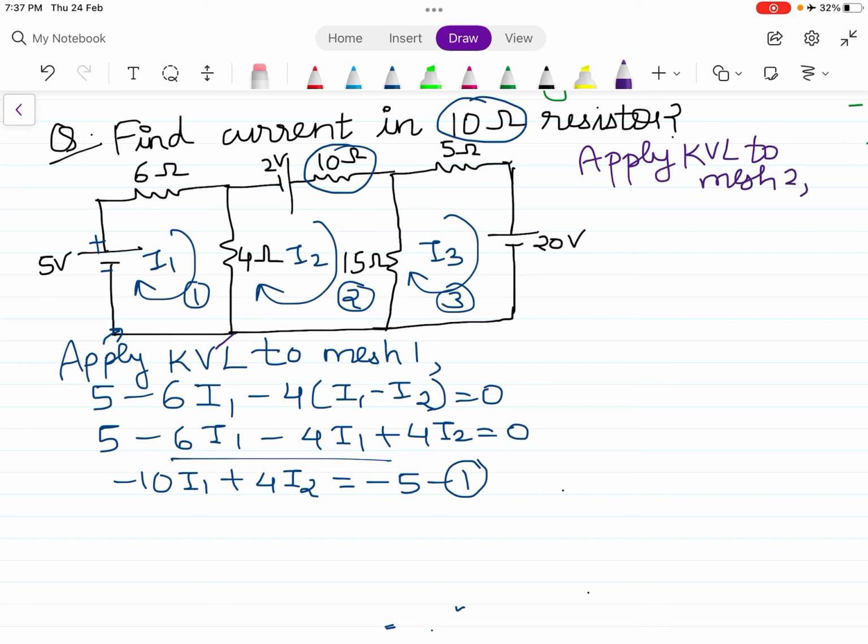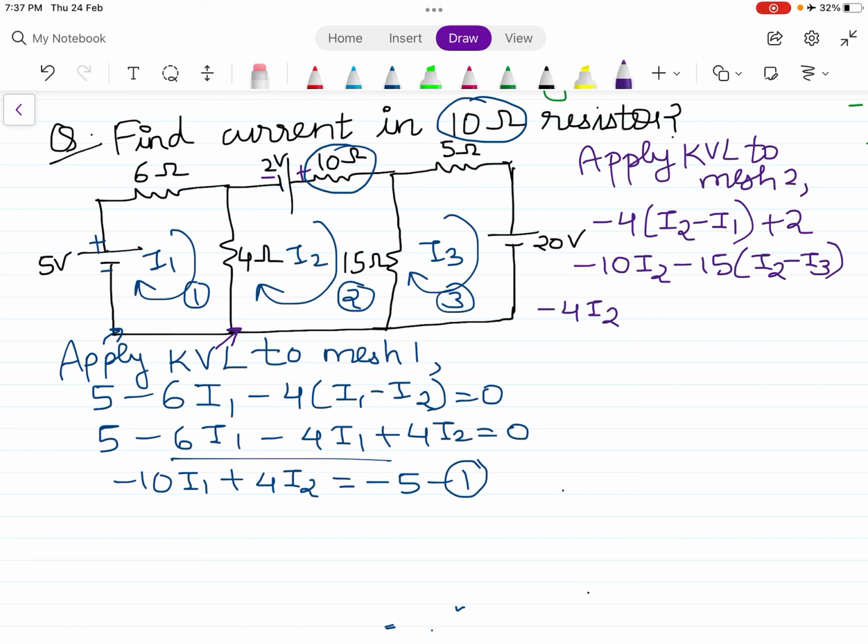When I apply KVL to mesh number 2, starting from this point, minus 4 (I2 minus I1), negative to positive plus 2, minus 10 I2 minus 15 (I2 minus I3). So minus 4 I2 plus 4 I1 plus 2 minus 10 I2 minus 15 I2 plus 15 I3.